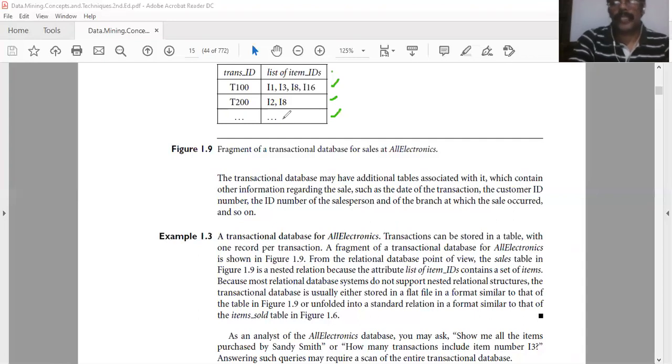From the relational database point of view, this table is a nested relation, because the attribute list contains a set of items.